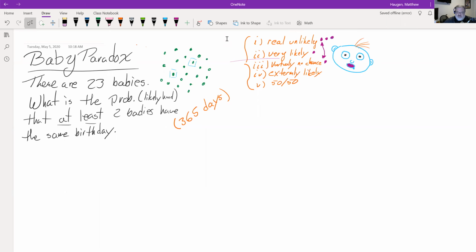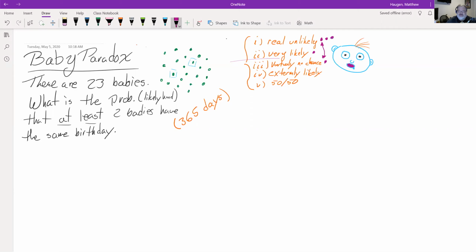But we're actually going to find this probability to technically as many decimals of accuracy as you want. So we'll at least have tenths and hundredths of percents. But calculating it directly is actually really difficult.